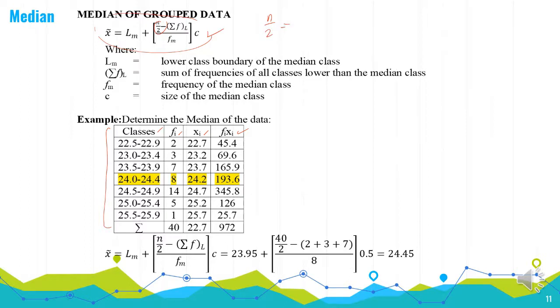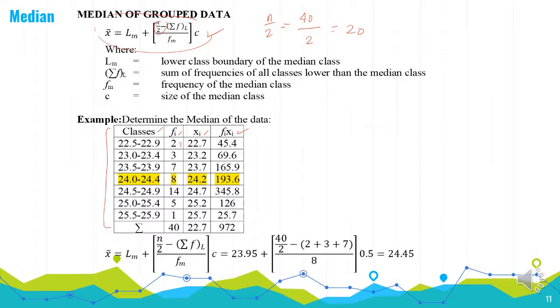So, dahil ikaw ay merong 40 na data, divide mo yun ng 2, magkakaroon tayo ng 20. Tapos, pupunta ka dito sa frequency column, mag-a-add ka ng numbers hanggang marating mo yung 20 or kahit sumobra.